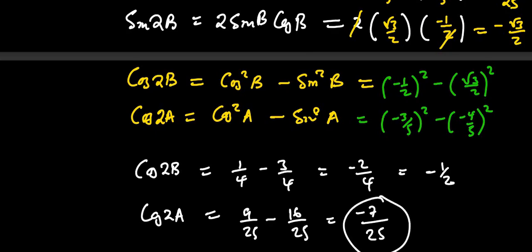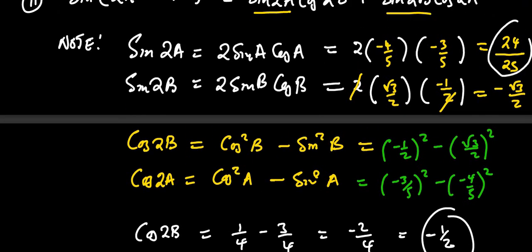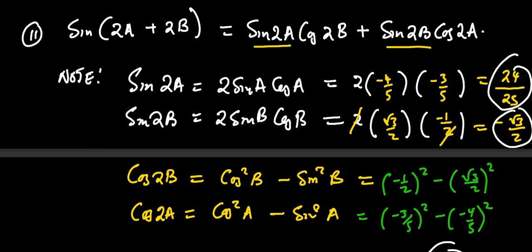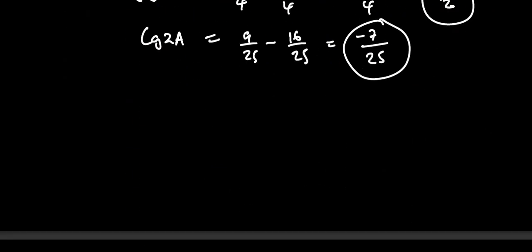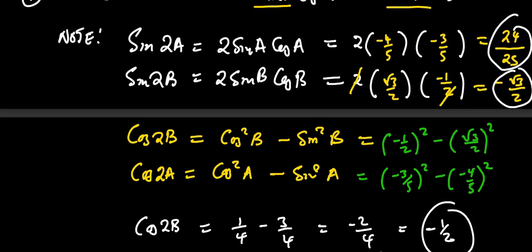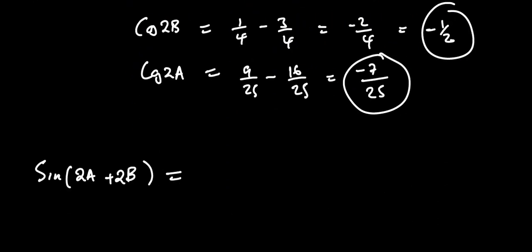So we now have everything that we need. We have this, we have that, and we have this guy, and we have this. So we can now replace them back here in this expression. So we are saying the sine of 2A plus 2B, which is the same as sine 2A, we now got 24 over 25.